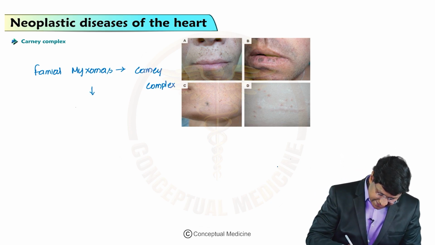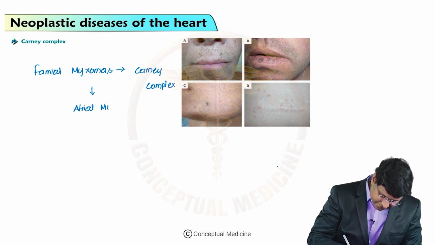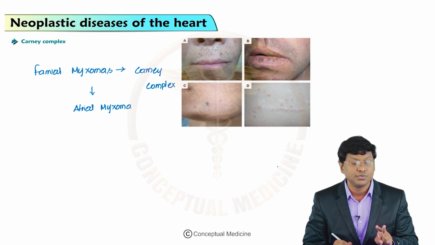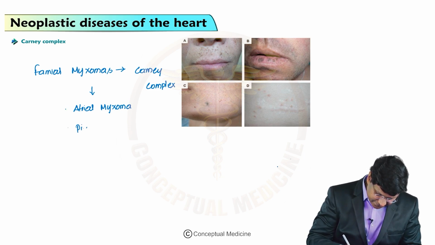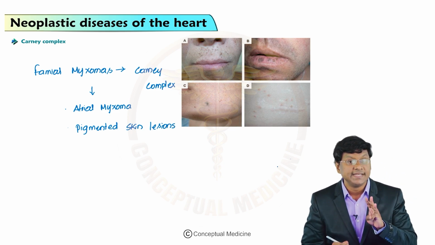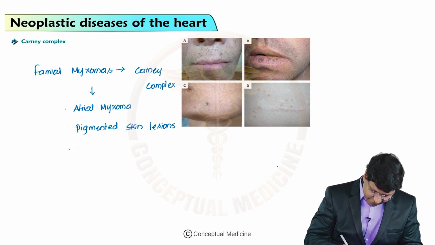The Carney complex contains, number one, the atrial myxoma, number two, the presence of pigmented skin lesions, and number three, the presence of endocrine neoplasia.